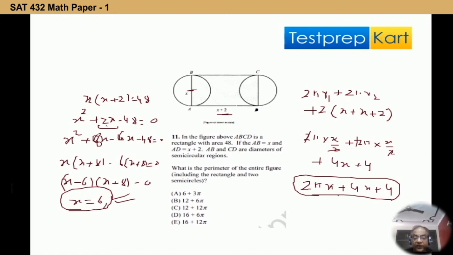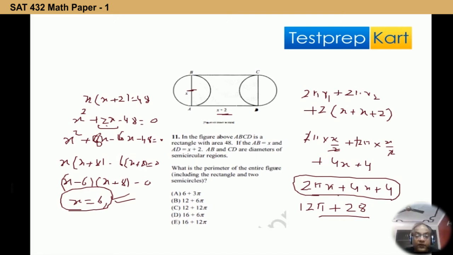Substitute this value x equal to 6 here, and that is 12 pi plus 28. This is actually 6 and 8.